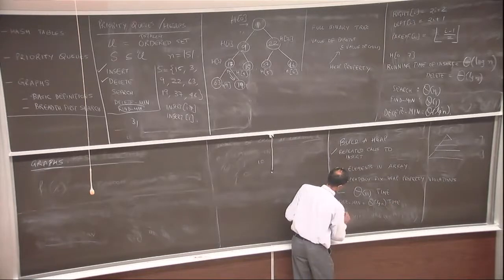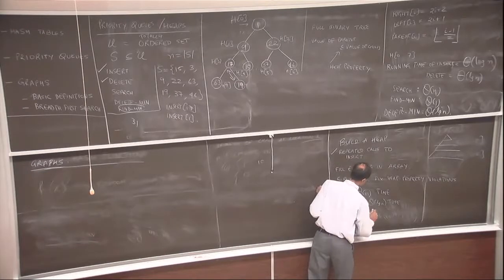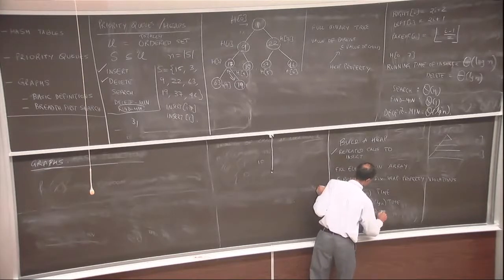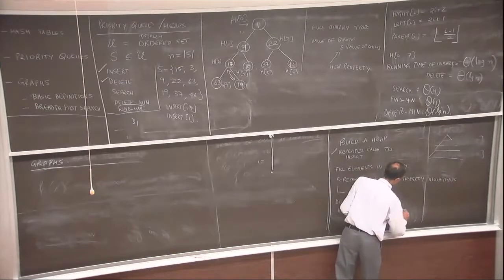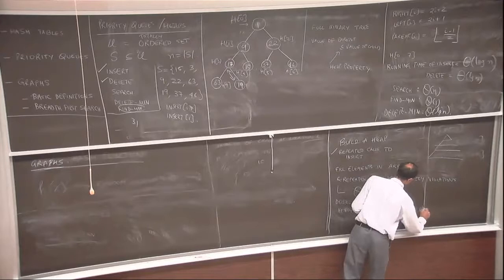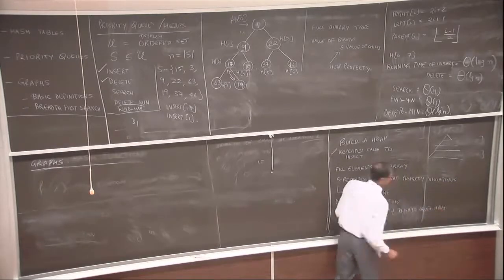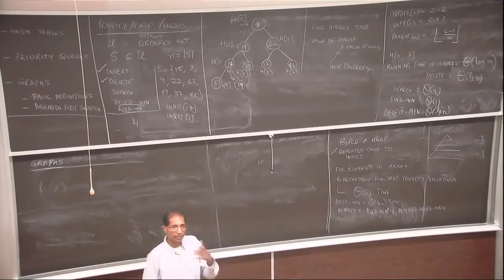So heap sort equals build heap plus n deletions.